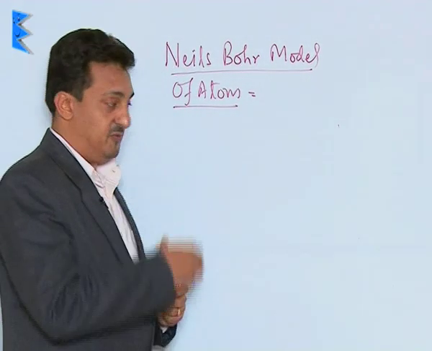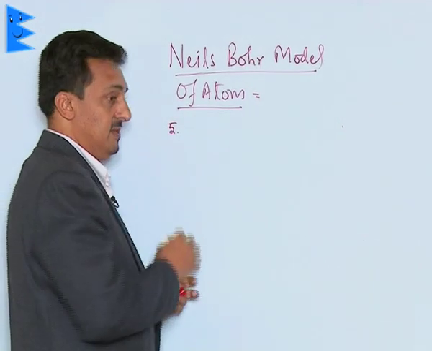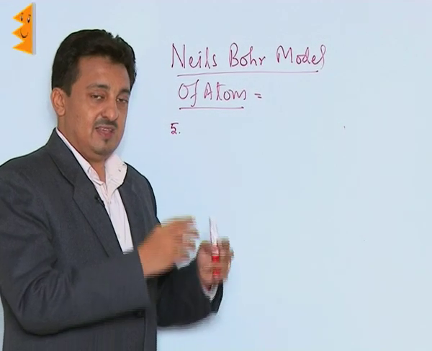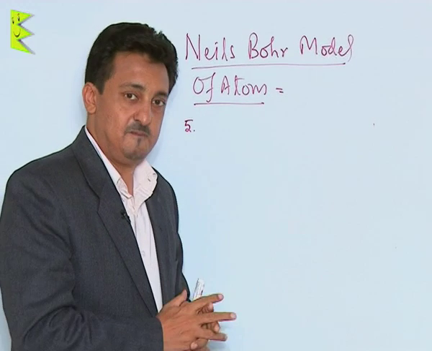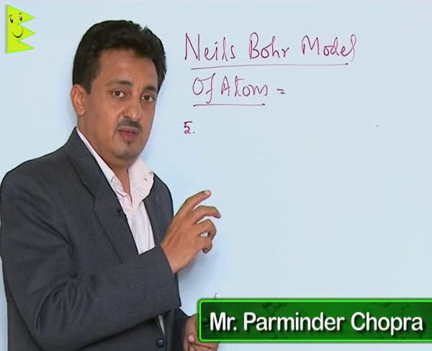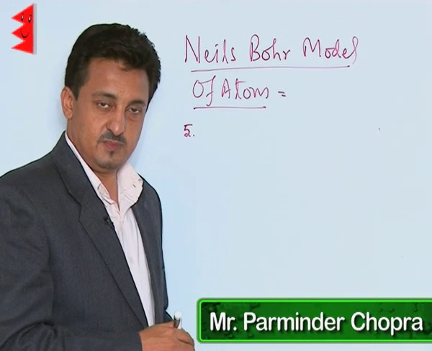As I told you, the fifth postulate is that Niels Bohr said that for an electron to be in any particular fixed orbit, it must have a fixed angular momentum.